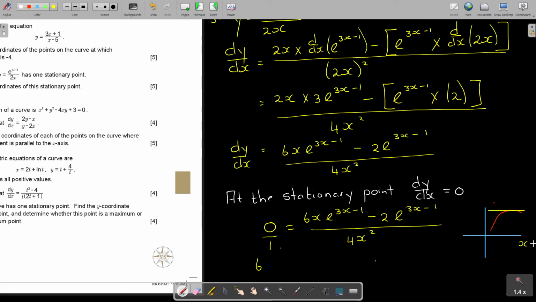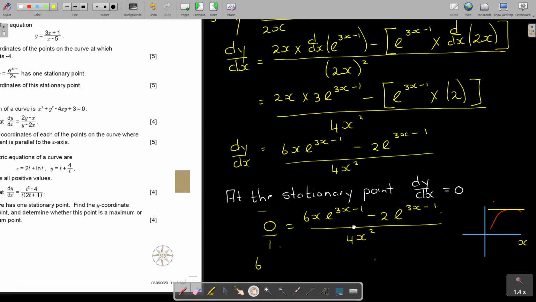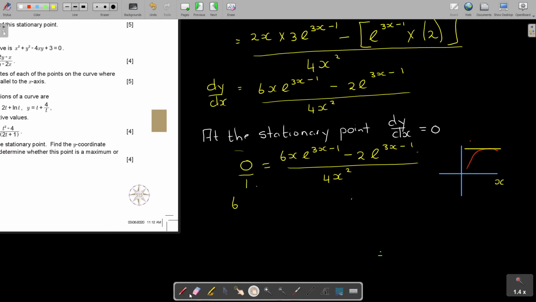Okay, and if you can remember a previous video, I said if it's parallel to the x-axis, then it's actually just the numerator equals 0. If it's parallel to the y-axis, it's the denominator equals 0. Okay, but it also works out if you just put the 0 over 1. But I just wanted to connect. The more you can connect the maths, the more you understand and the easier it is to conquer it.